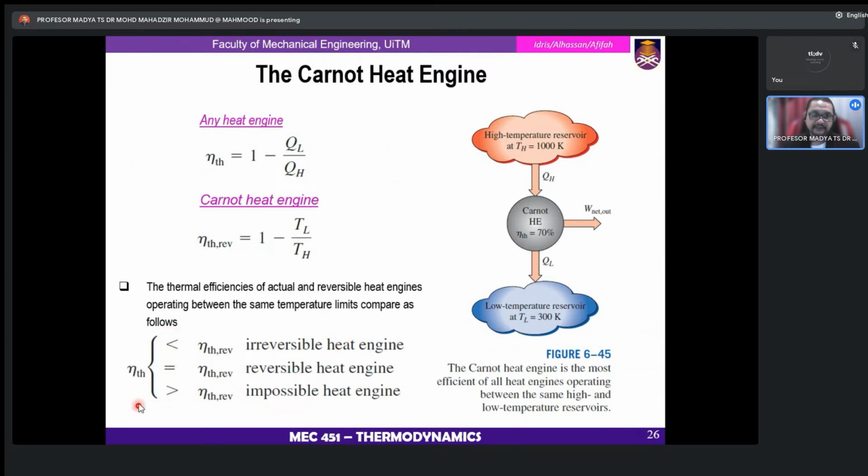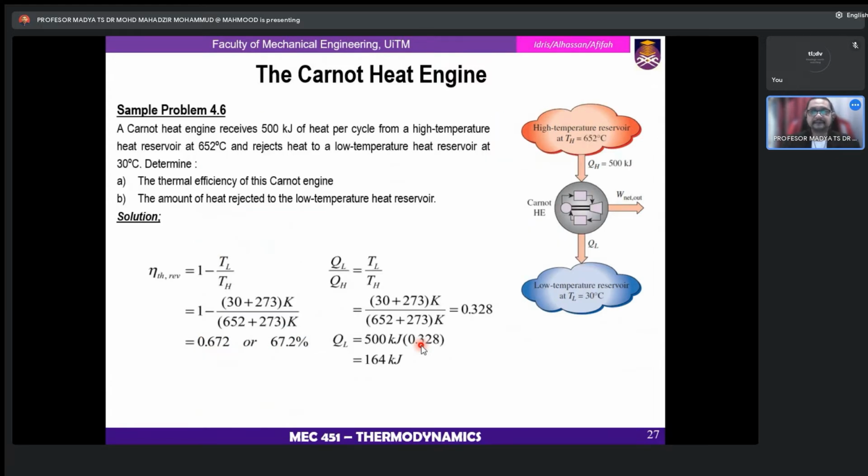You have to remember this knowledge, because when you do the analysis calculations and compare with the thermal efficiency of your calculations, you can categorize whether your heat engine is irreversible, reversible, or impossible.